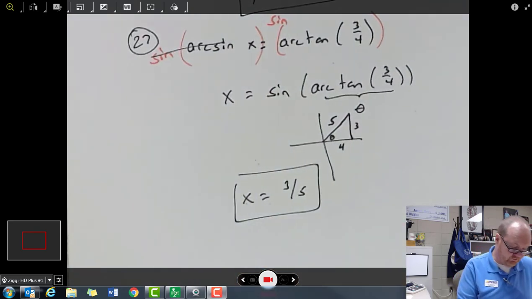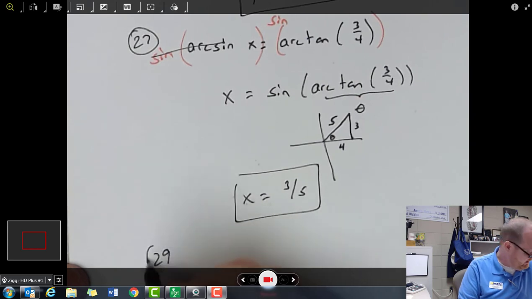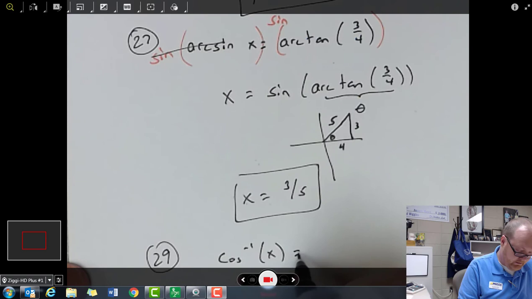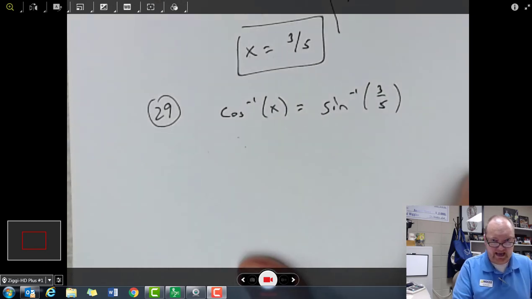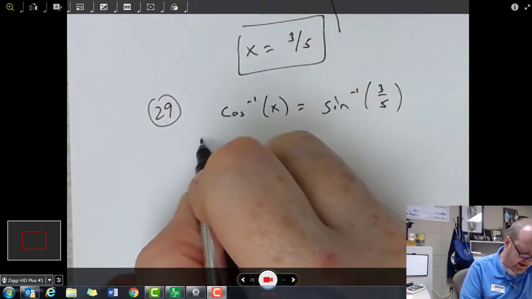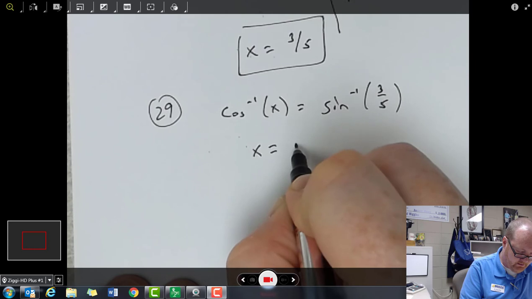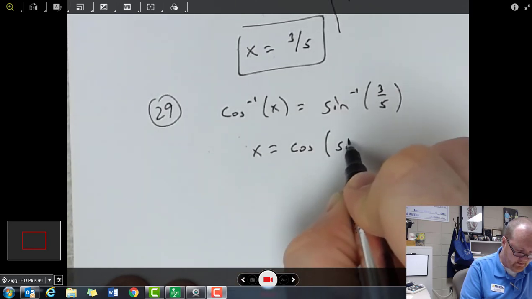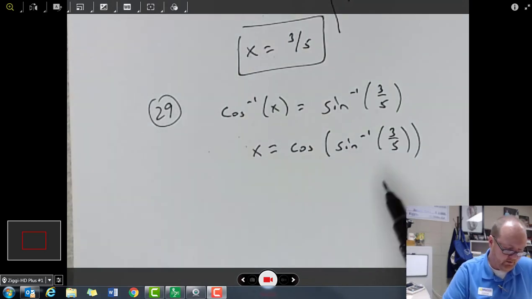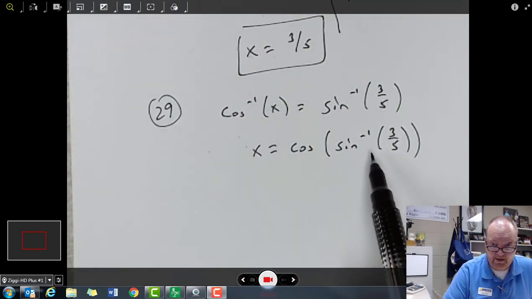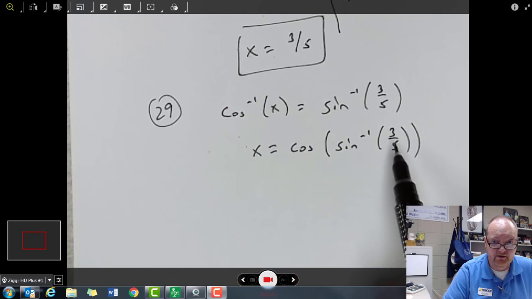And the same thing is true on number 29. Again, the notation is a little different. So if I want to get rid of the inverse cosine, I can take the cosine of either side. So once more, there exists some angle whose sine is 3/5.